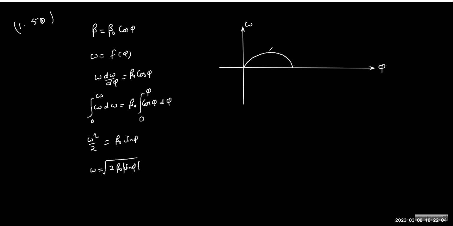It is like this. They have made it like this up to pi. And how they have taken this, because it says a square, so they have taken this as omega equals 2 plus minus of, because that is correct also, 2b not sine phi. And from 0 to pi, we know this is something like this. And the minus means you have to just draw the inverted graph. So this is the graph they have taken of omega.